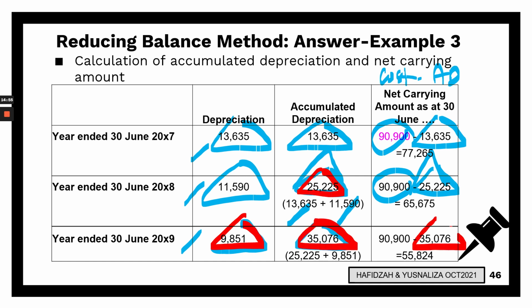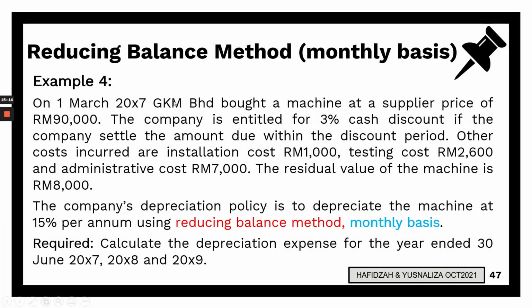And the accumulated depreciation for 3 years is deducted to arrive at the net carrying amount at the end of 30th of June 2009, where you still take cost minus the 3 years depreciation that is called accumulated depreciation. You accumulate that. Next is the second basis, which is monthly basis.